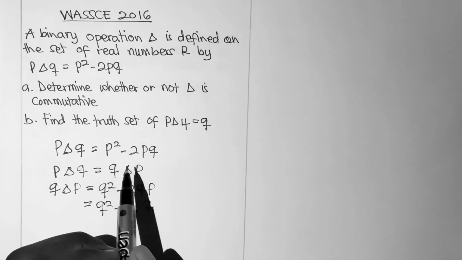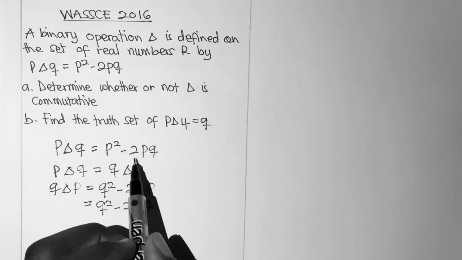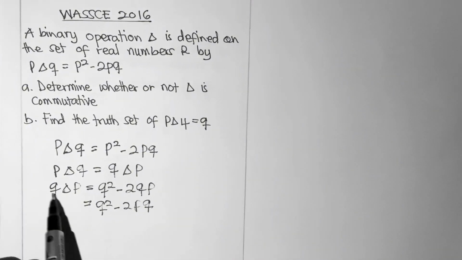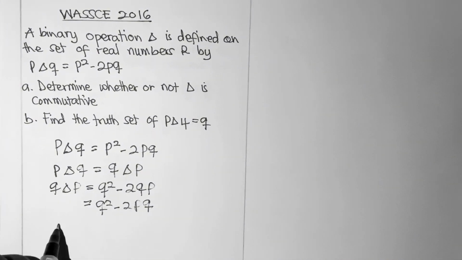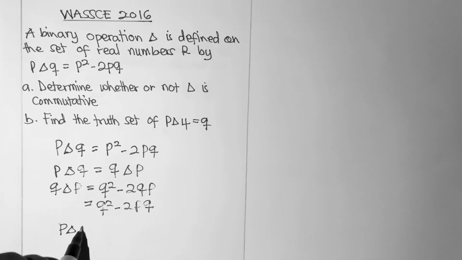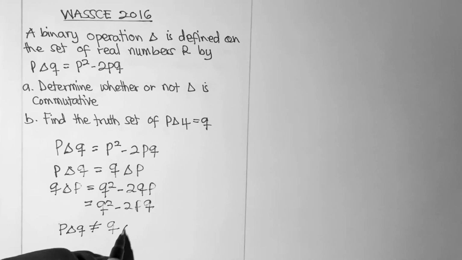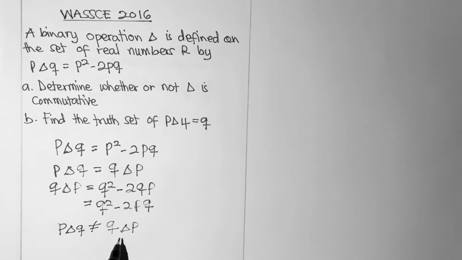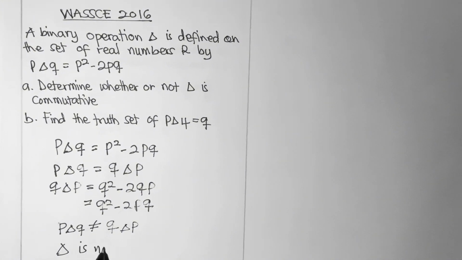So you see that P operation Q is P squared minus 2PQ, but Q operation P is Q squared minus 2PQ. So you can see that P operation Q is not equal to Q operation P, and therefore the operation delta is not commutative.